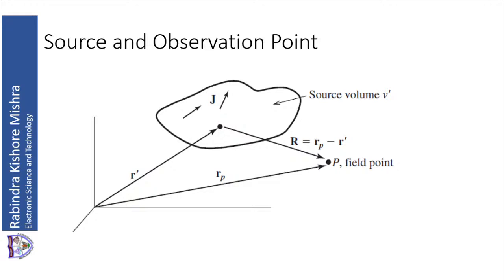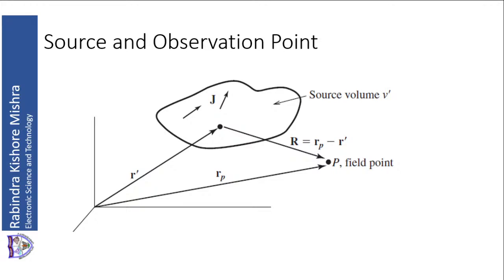So this is how you represent the source point and field points using vectors, when the origin is at some reference point. If we take the origin to the point r dash, which means we make r dash 0, so the origin coincides with the source point, then we have capital R equal to RP, and that is a special condition.